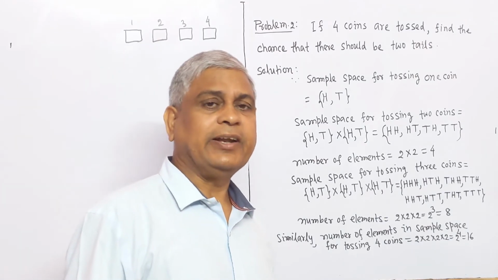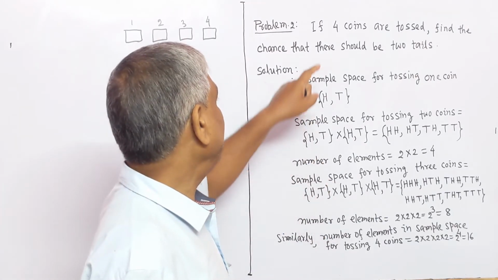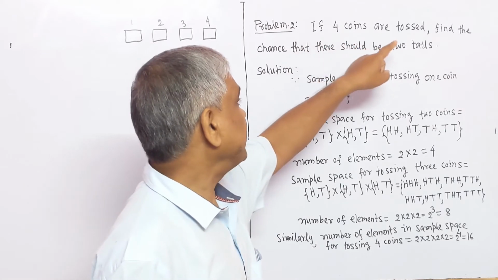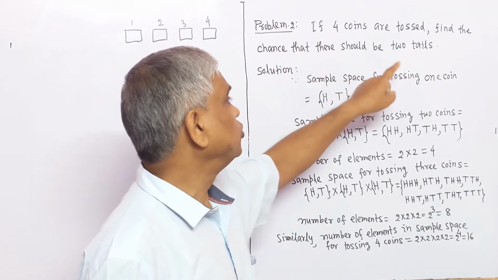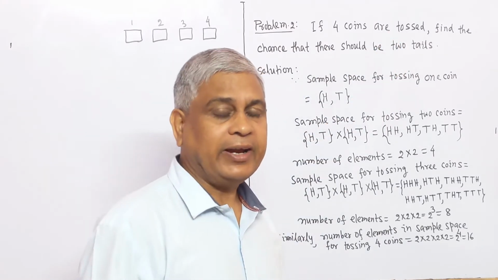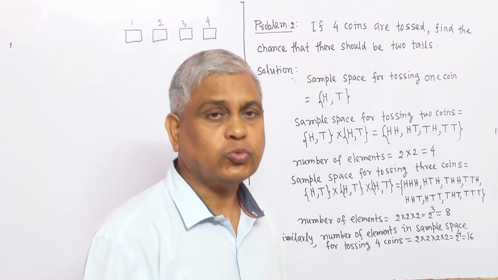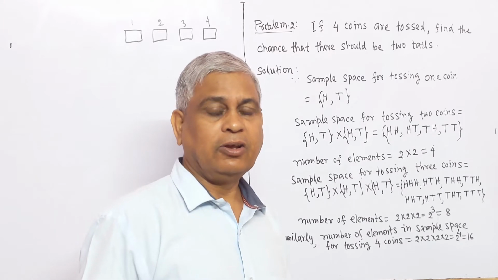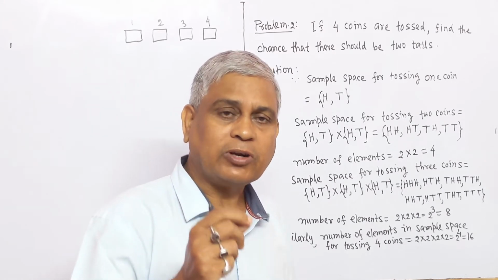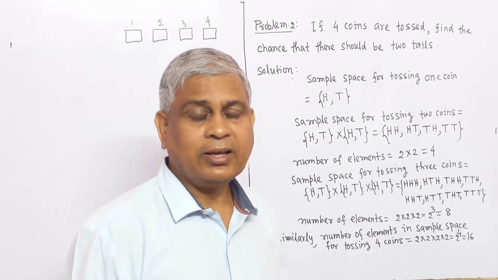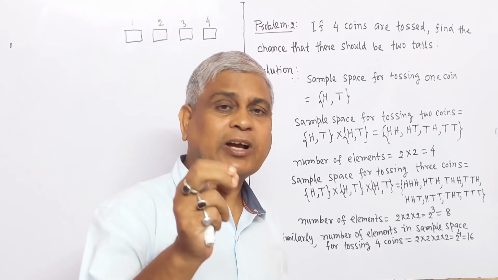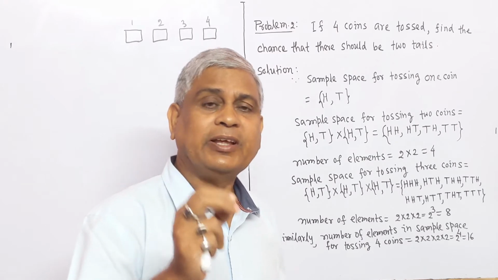Now we solve the next problem. Problem is, if 4 coins are tossed, find the chance that there should be 2 tails. We know that if we toss one coin, we get the outcomes head or tail. And the collection of outcomes is the sample space.